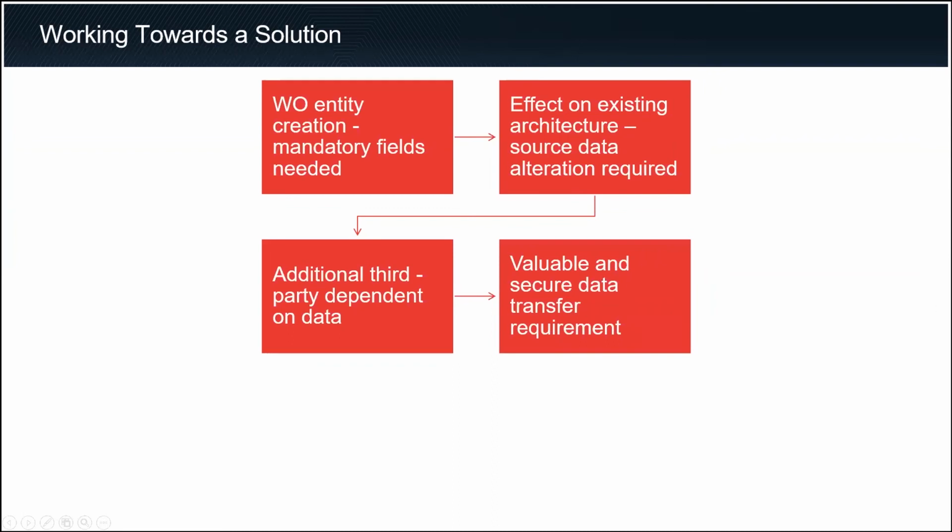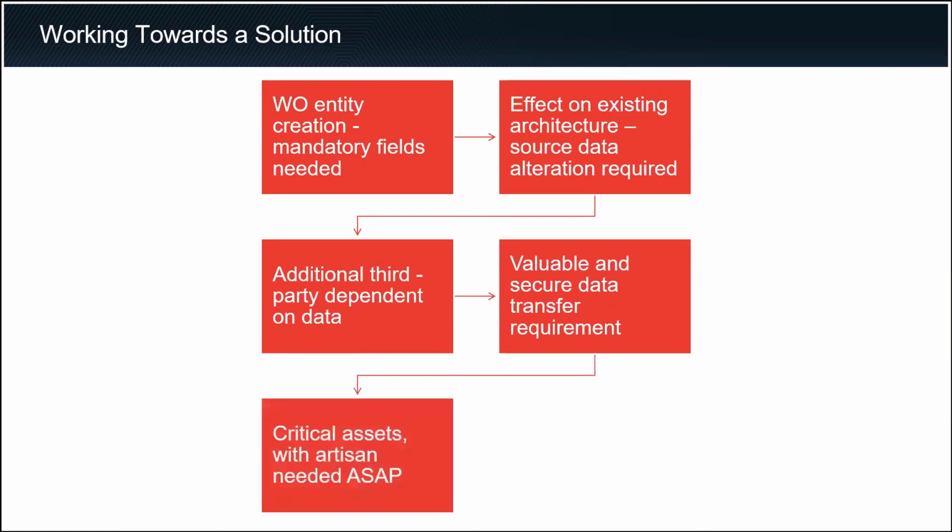So we made sure that the data only transfers from one system to the next within the client environment itself. We implemented a specific authentication mechanism to make sure that data is only accessed by someone that authenticates successfully. And because some assets are critical, the work will be needed as soon as possible.